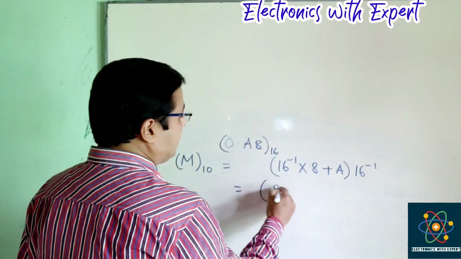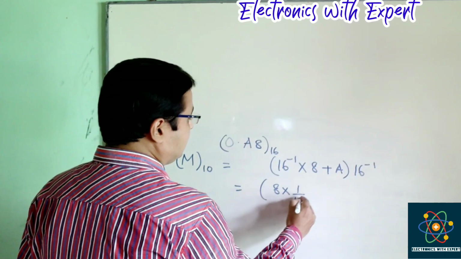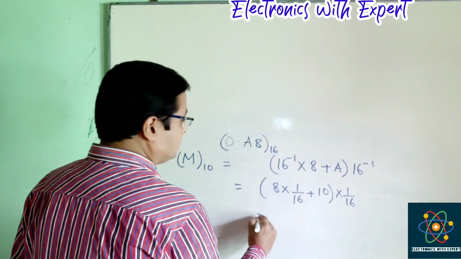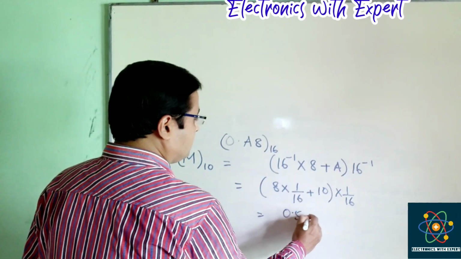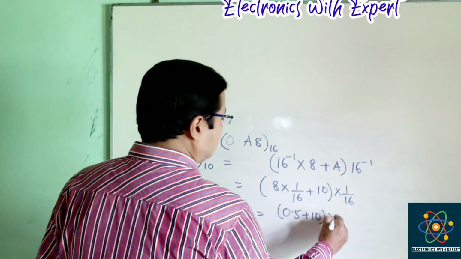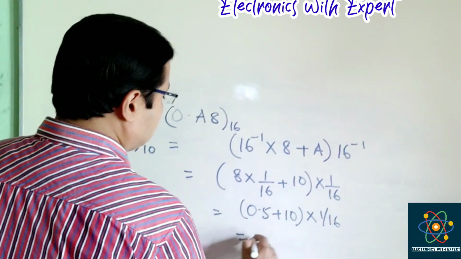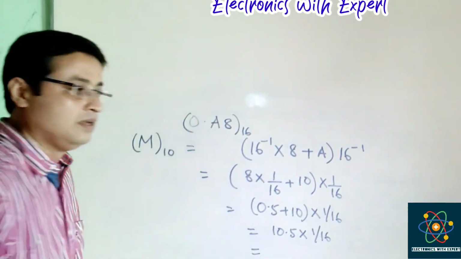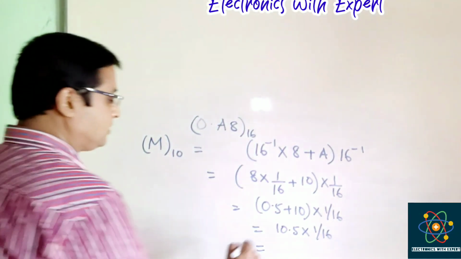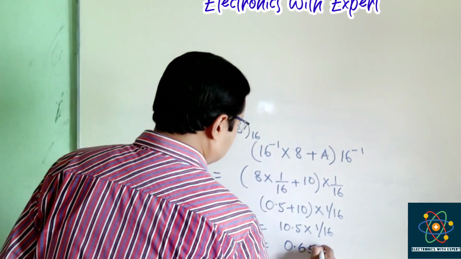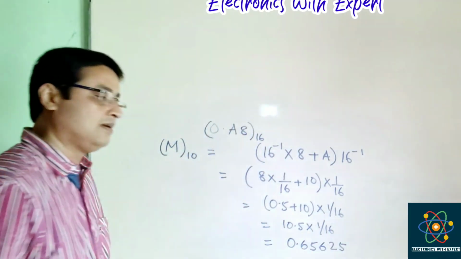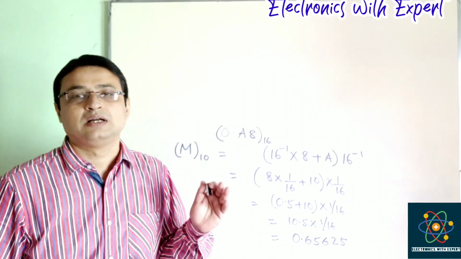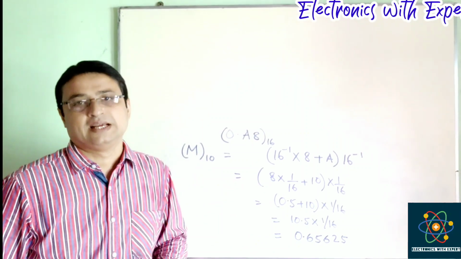So it will be 8 into 1 by 16 plus A means 10, that will be multiplied by 1 by 16. This is 0.5 plus 10 whole multiplied by 1 by 16, and this will be 10.5 into 1 by 16, which will give you 0.65625, and you can find that this number is exactly similar to the number which I got in example 1.